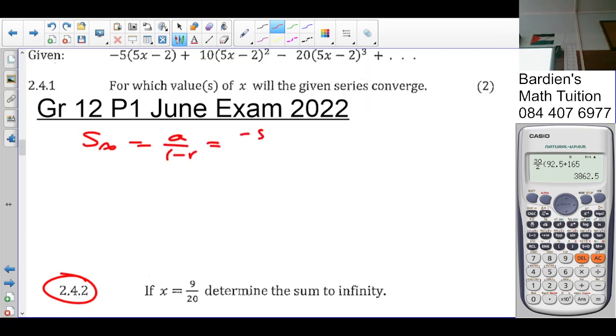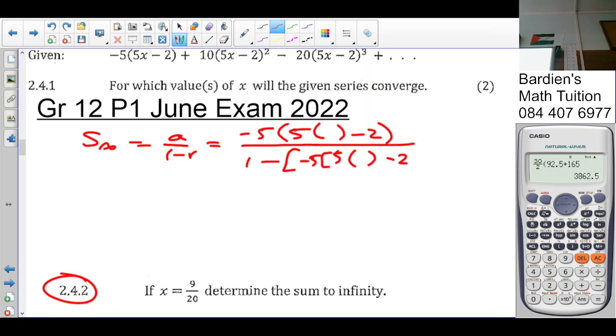Now my a value is negative 5 into 5x minus 2 over 1 minus r. And my r value was negative 5 into 5x minus 2. So it's actually negative 2, not 5.